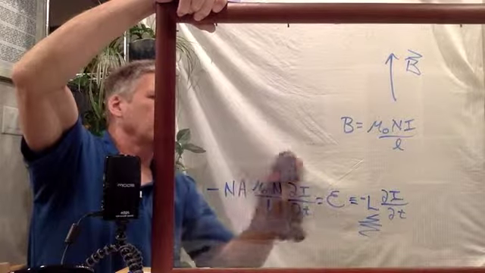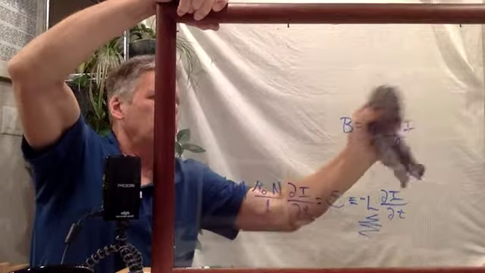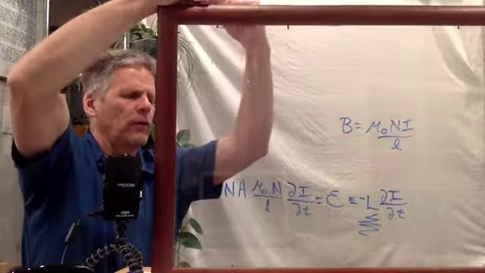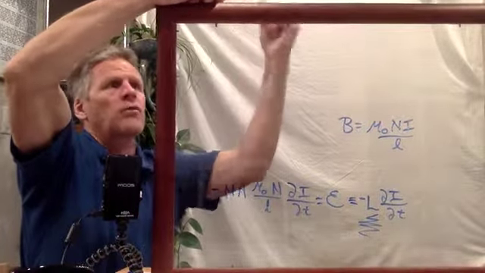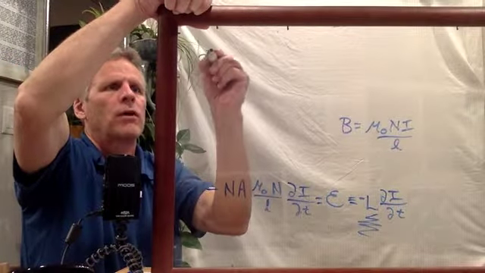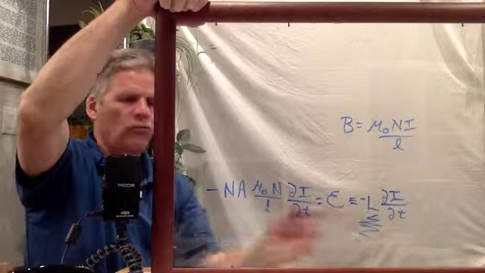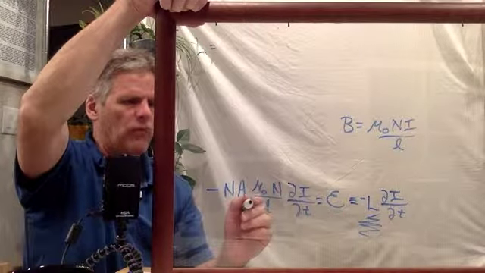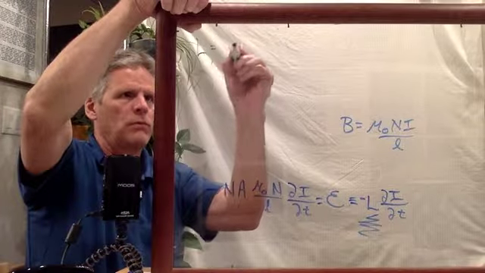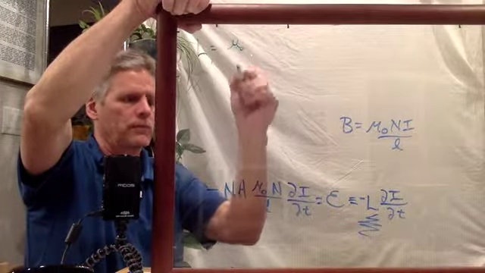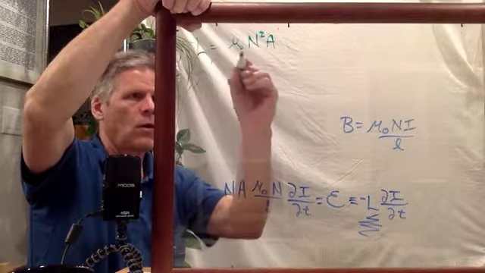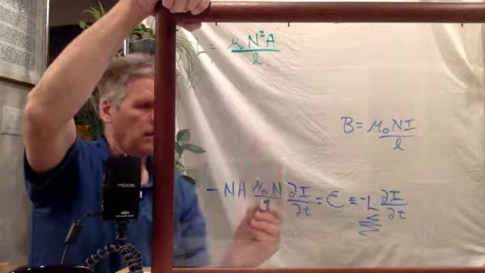All right, let's see. I want to keep a couple of these things. So what do I want to keep? First of all, let's make a note of this. For a solenoid, just by looking at these two equations here, we can figure out that L is equal to mu 0 n squared A over L. Did I forget anything?